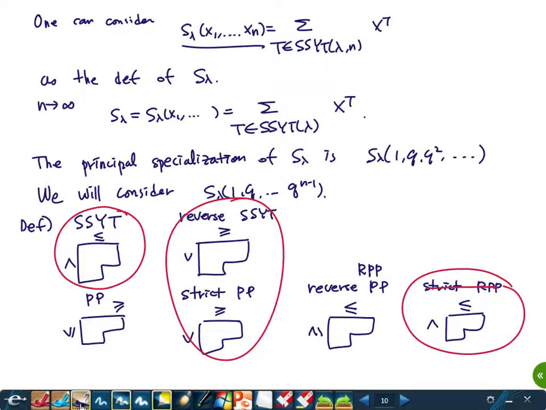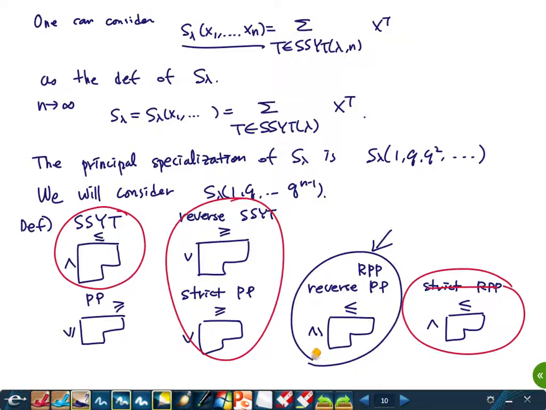All right. So we want to consider plane partitions because we want to show MacMahon's box theorem using Schur functions. But we will work with reverse plane partitions first because they are more closely related to semi-standard Young tableaux. If you look at the inequality, they are in the same direction. So we will focus on RPP, reverse plane partitions.